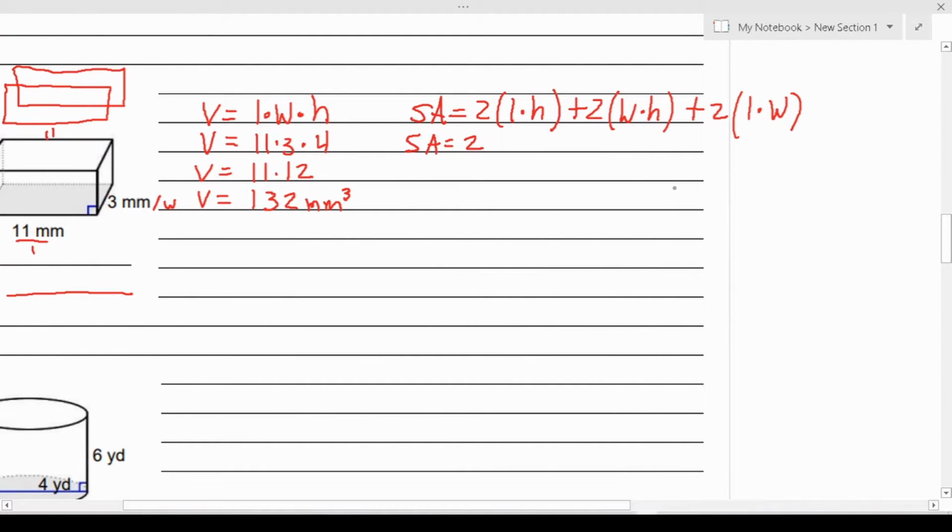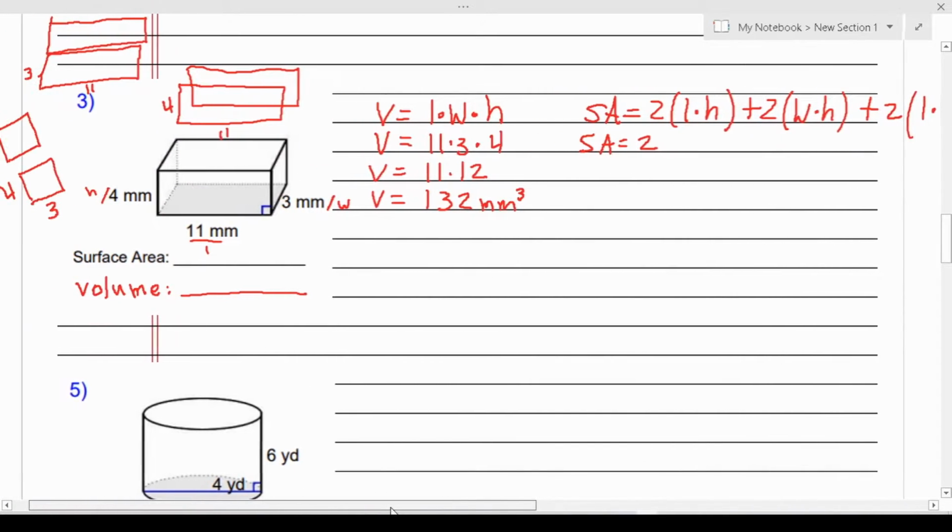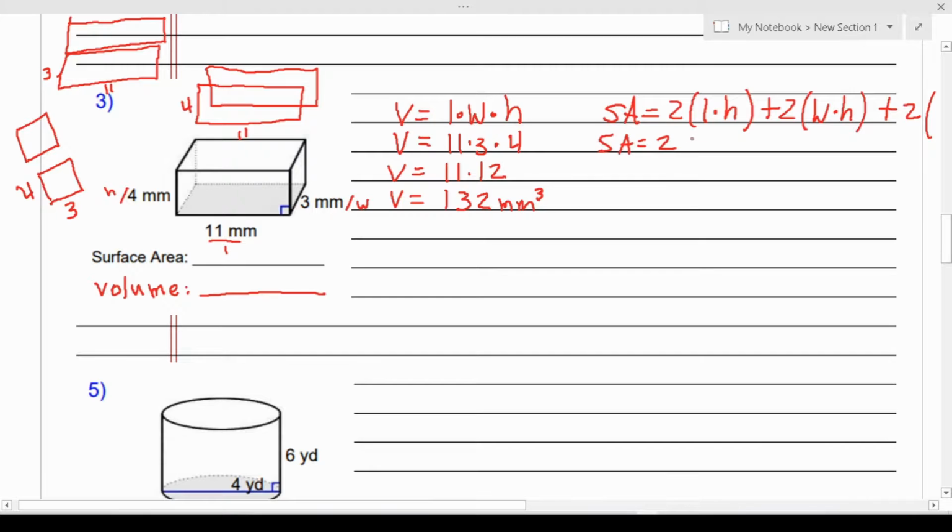And you may notice that this formula is not exactly as it's written above. Again, I derived this formula using my knowledge of surface area as well as area of rectangles. So it is the same thing, it's just a little bit out of order. So in this case, let's just plug things in accordingly.